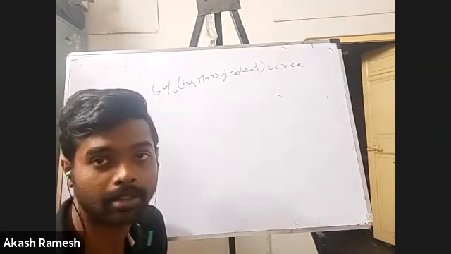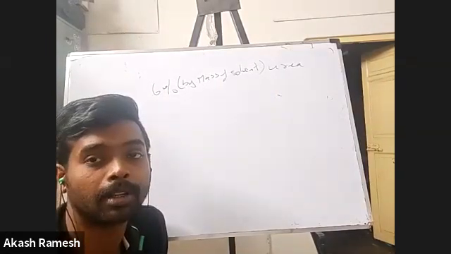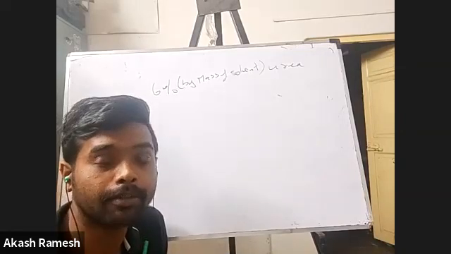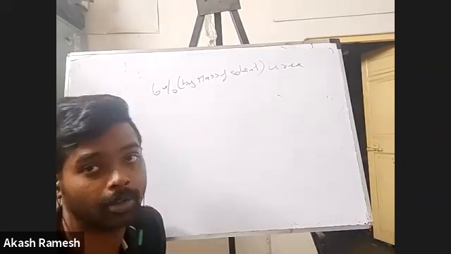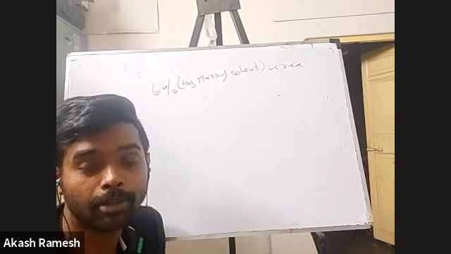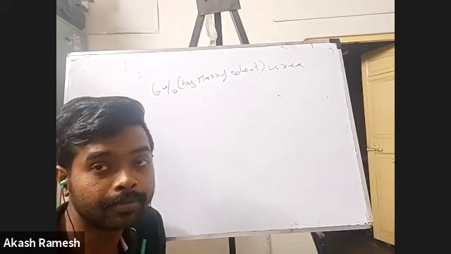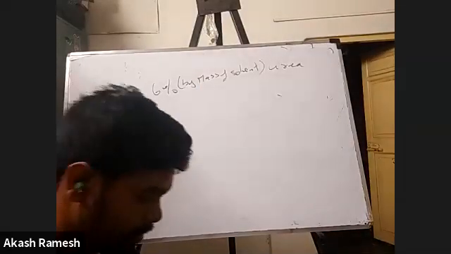If I mention it like this, the percentage is in terms of mass of solvent. Generally, we do it in terms of mass of solution. So what does this mean? 6 grams of urea in 100 grams of solvent.